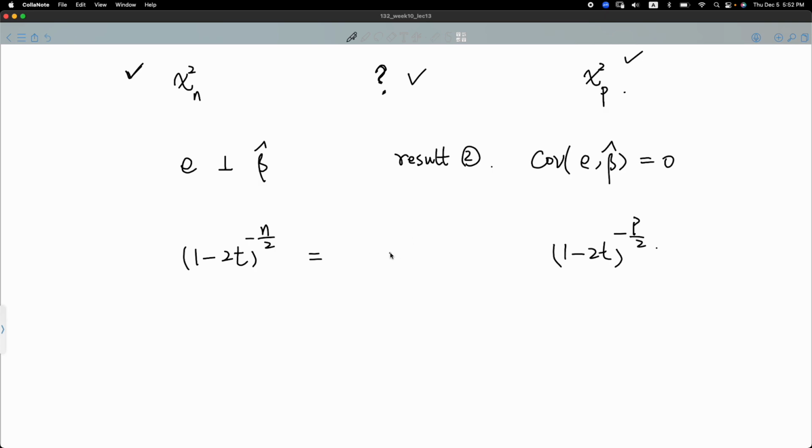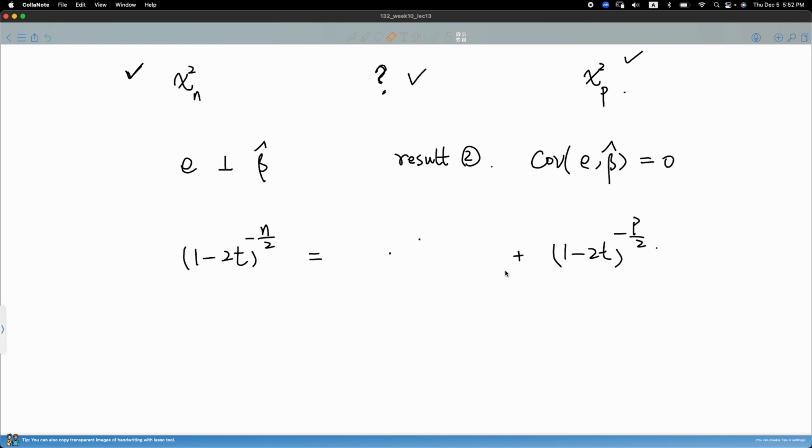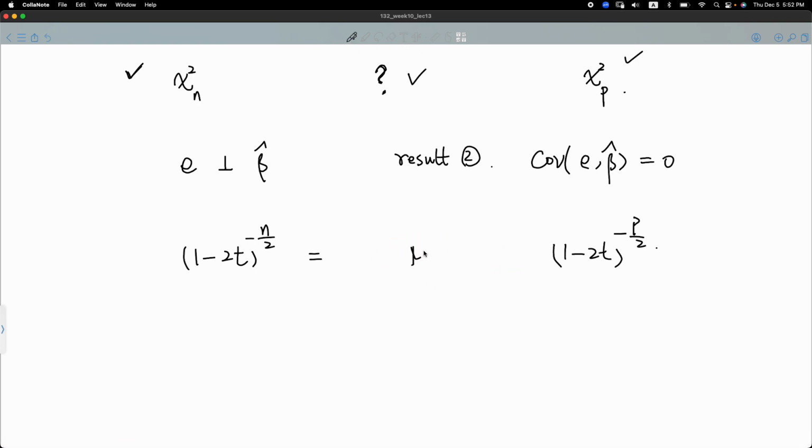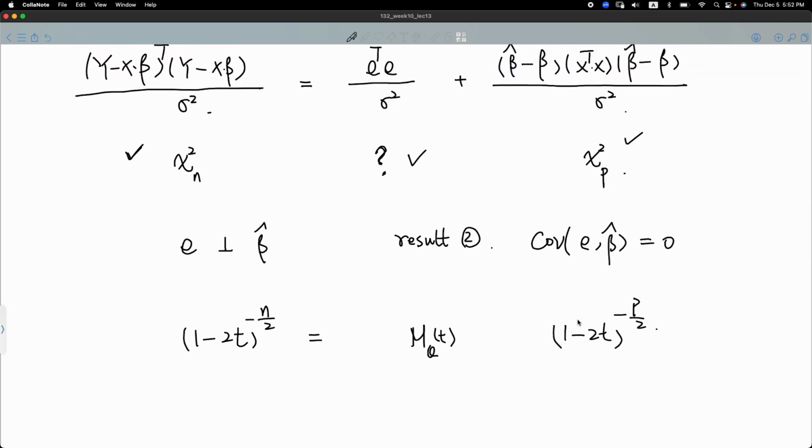And then for the missing part, we can just do the division. Let me just call it q. The moment generating function for this one multiplied by the moment generating function of the other should give you the moment generating function of the left-hand side.